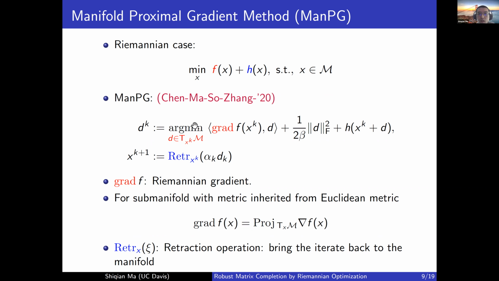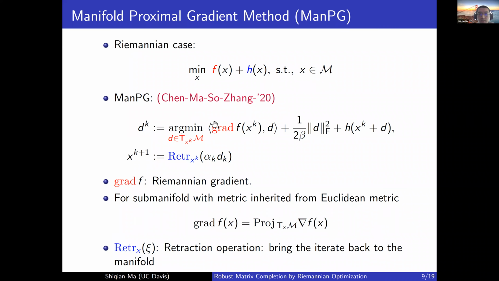Usually this subproblem is not difficult to solve. For example, if we assume that this function h is a simple convex function, and also this manifold M has some special structure, for example the Stiefel manifold, the sphere, and the Grassmann manifold, for all these very common manifolds, this kind of constraint can be written as a linear equality constraint.